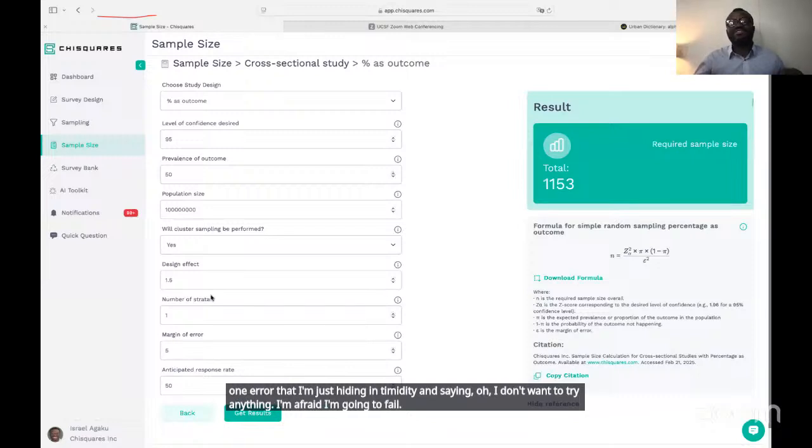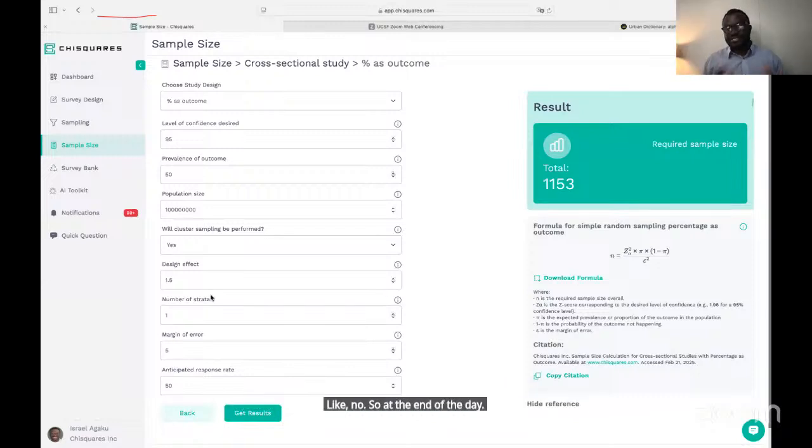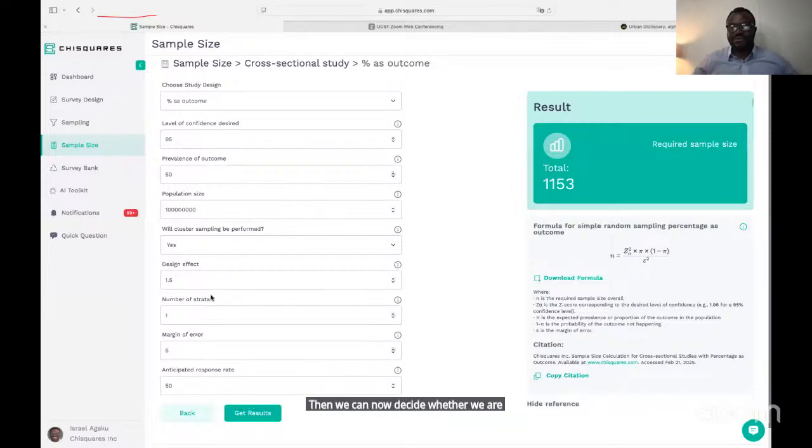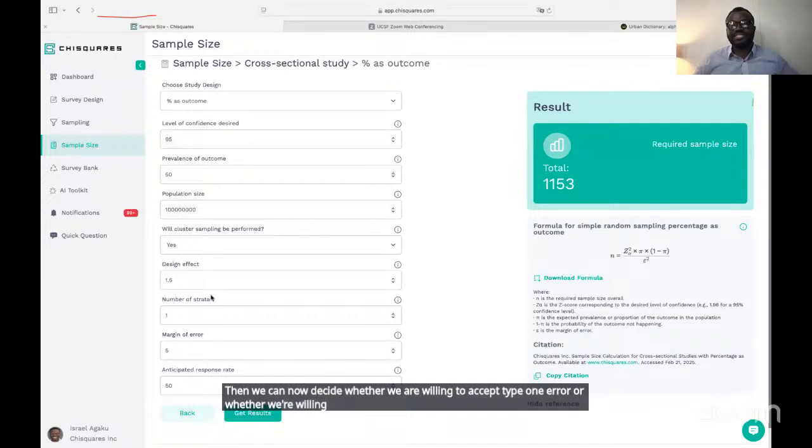Like, no. So at the end of the day, it's all dependent on context. What are the risks involved? Is this a life and death scenario? Can we afford to live with a bad outcome? And what is this bad outcome in the first place? Then we can decide whether we are willing to accept type 1 error or type 2 error. So it's all contextual.